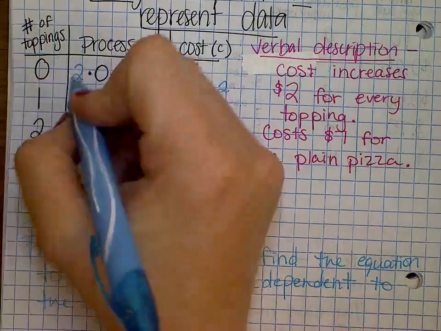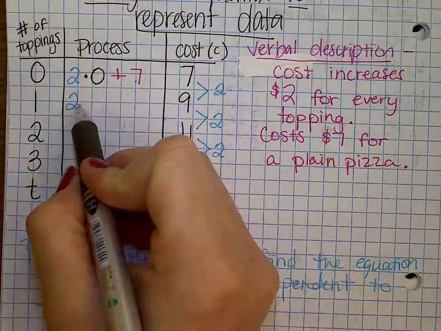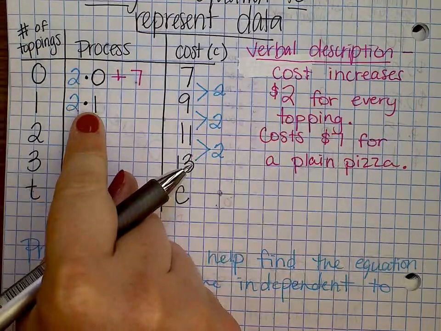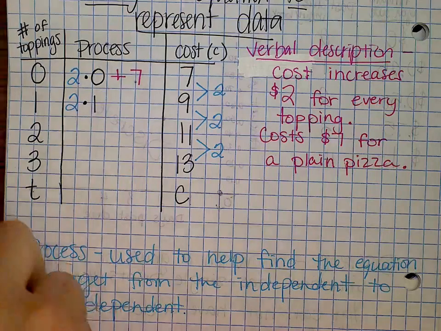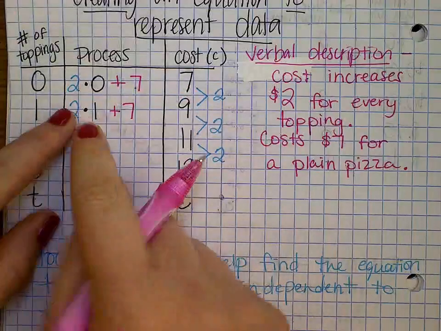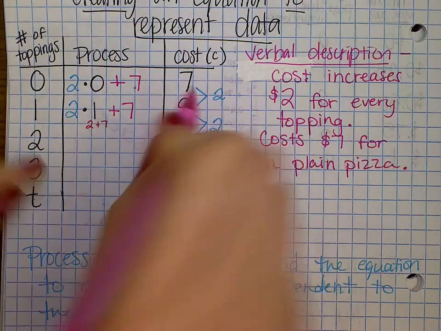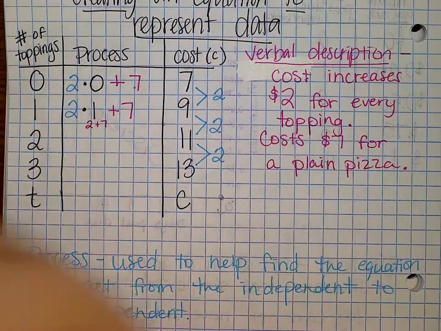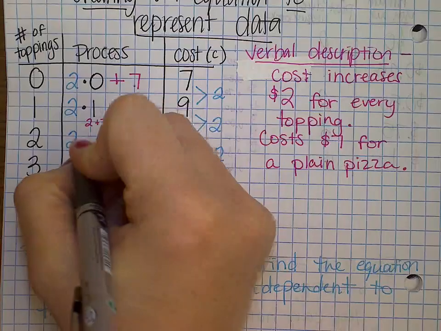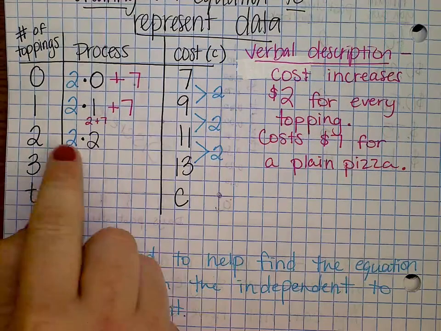Now let's try it on the next one. It's $2 for every topping. I have 1 topping in this case, so 2 times 1 is 2, plus $7 for the pizza. So 2 times 1 is 2, plus 7 would give you 9. Okay, again, try the next one. 2 times 2, 2 times 2 is 4, so it's $2 for every topping.